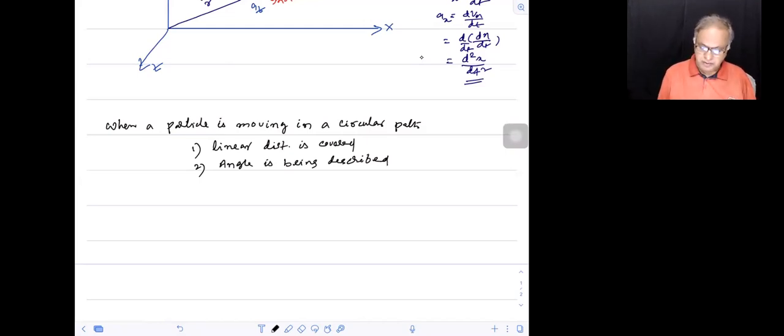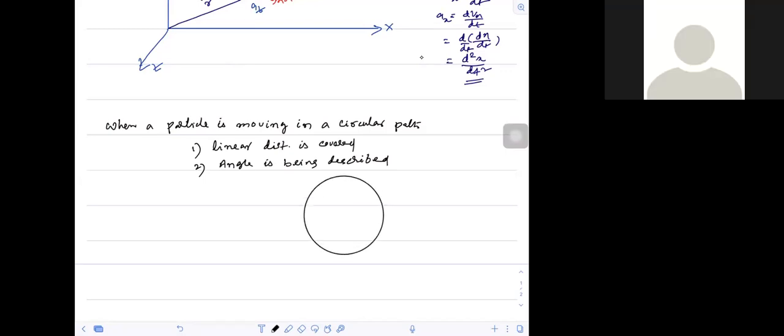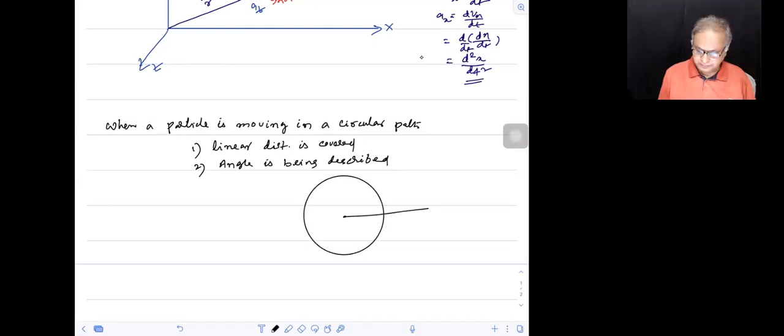Like when you are talking of a particle going in a circular path like this, supposing I take my origin here, as x and say this is y, for example. Now the particle started at t equals 0 here, for example.